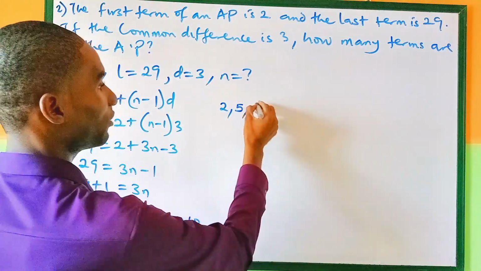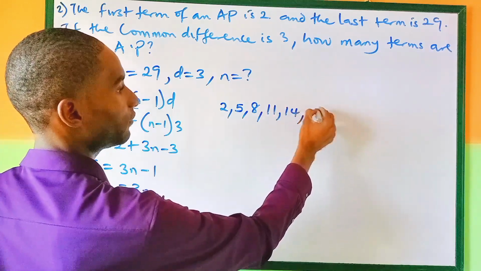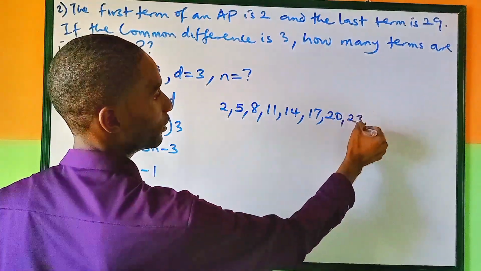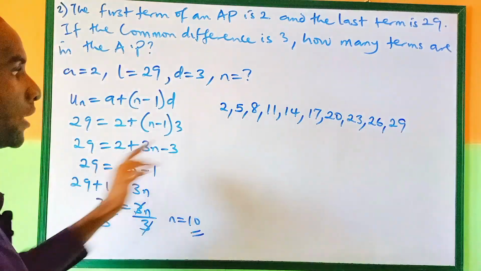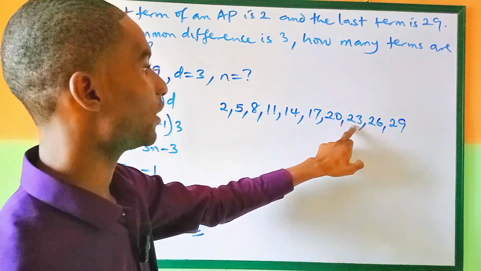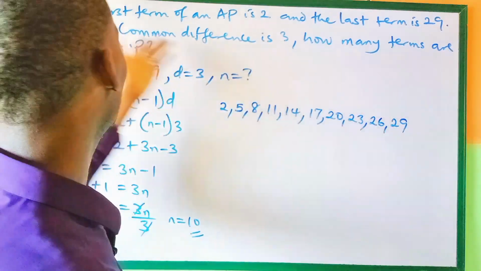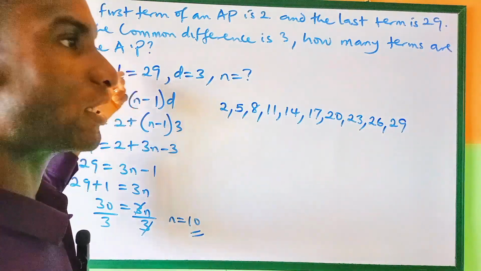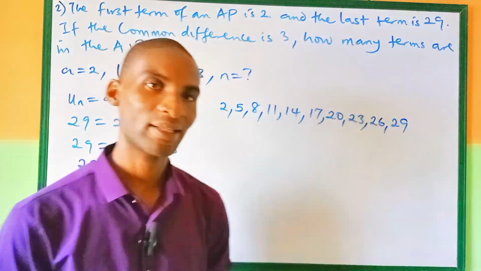Add another 3, that will be 8, 11, 14, 17, 20, 23, 26, and 29. So let's count. How many terms are here? 1, 2, 3, 4, 5, 6, 7, 8, 9, 10. So the 10th term is 29, and this is it. So its N is the 10th term. I hope that is clear.